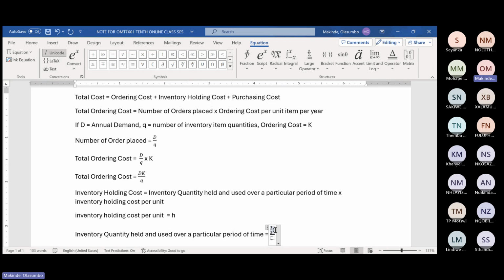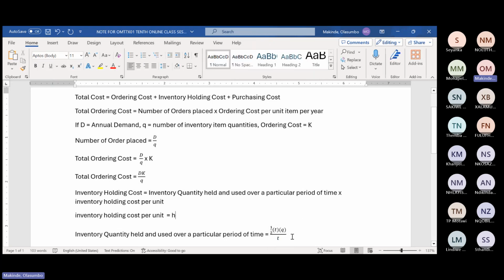You bought and consumed the inventory, so that is half times T times Q. This is half base times height over a particular period of time, which is over the first ordering cycle time, so over that particular time T.